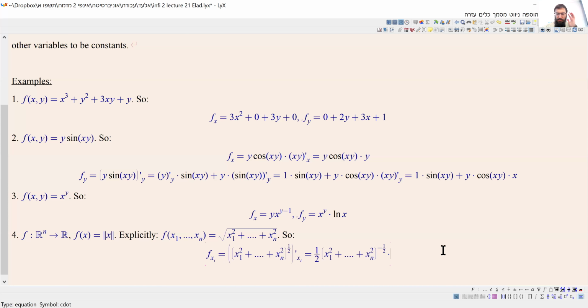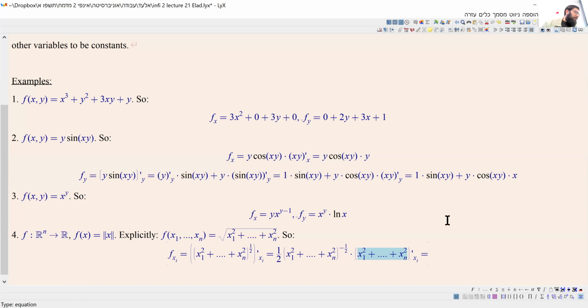But even though the sum is frightening, even though the sum has the three or say four dots inside, the x squared terms are just canceled. They're just zero. They're constant in the eyes of xi. And the derivative of xi squared is 2xi.